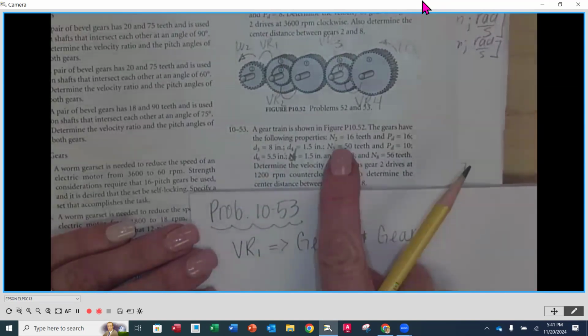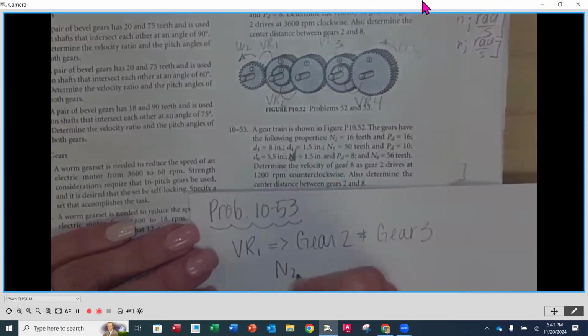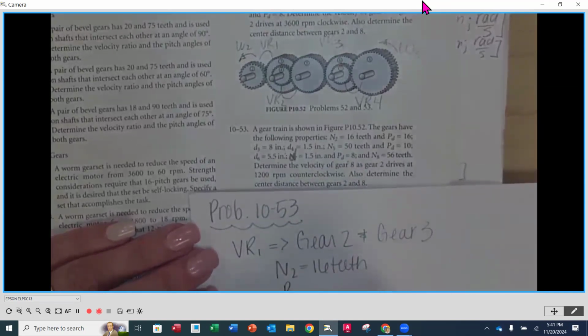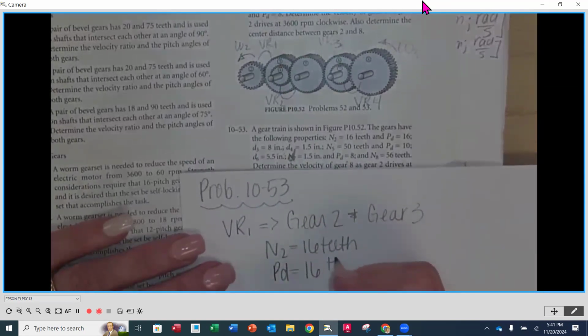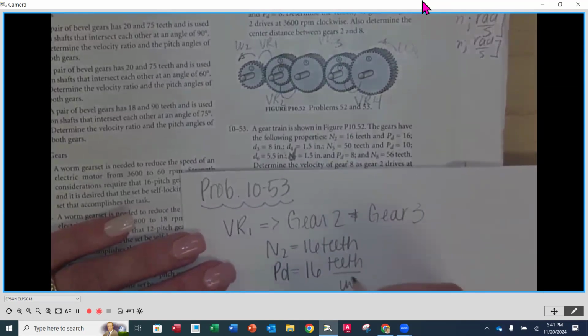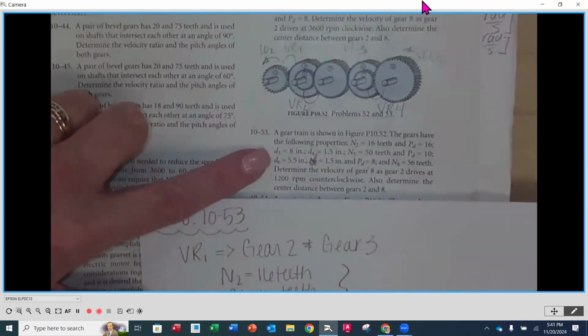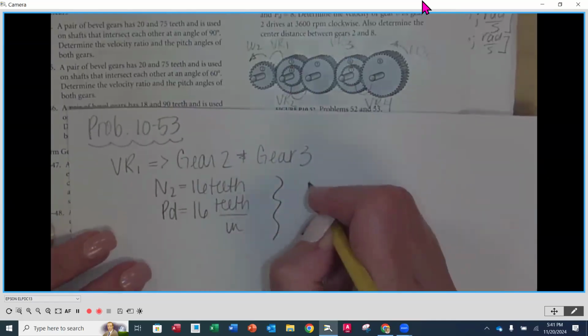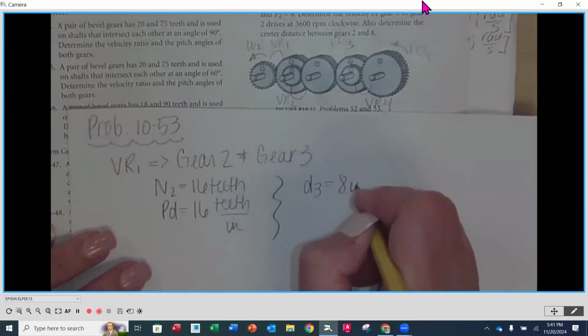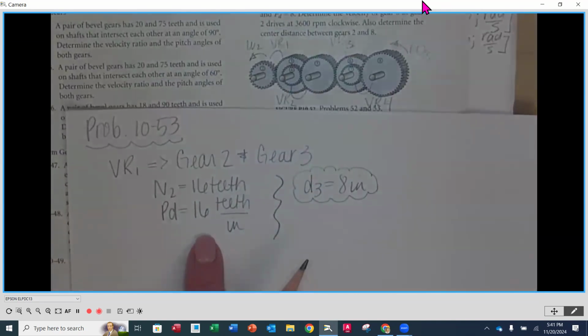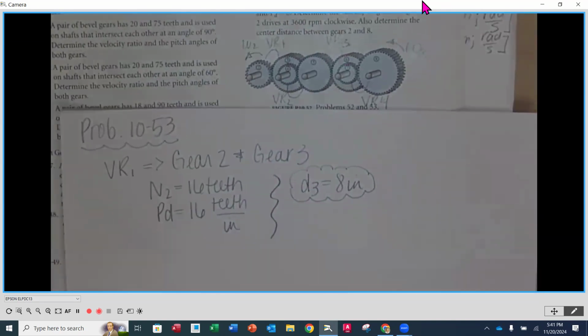So they're giving us number of teeth, N2, it's going to be equal to 16 teeth and a diametral pitch of 16. And we know that to be teeth per inch, right? And then gear number 3 has a pitch diameter of 8 inches. D3 is equal to 8 inches. So this one's already done for us. And then we need to just find the pitch diameter of number 2.